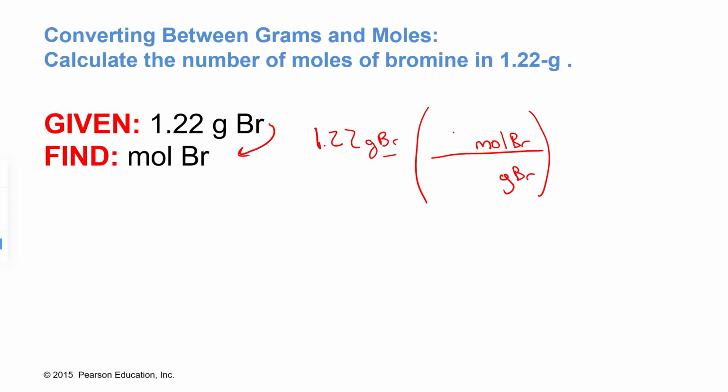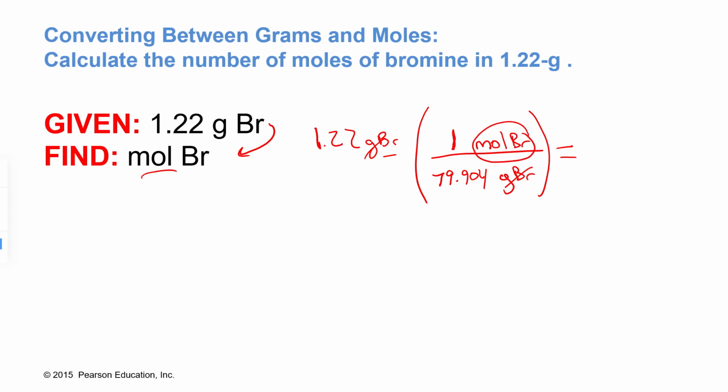1 mole is equal to the mass from the periodic table. Bromine is 79.904. So then the units cross off, we're left with moles. That is correct. That's what we wanted to end up with.